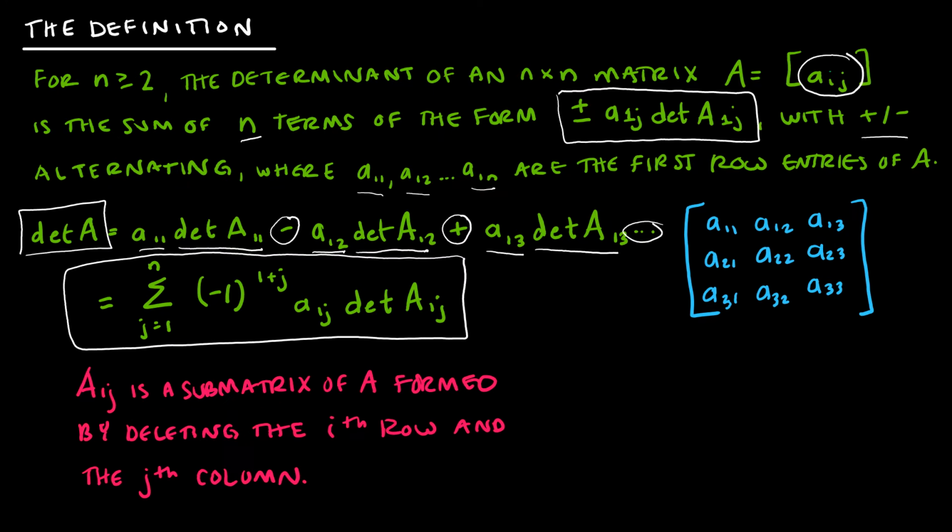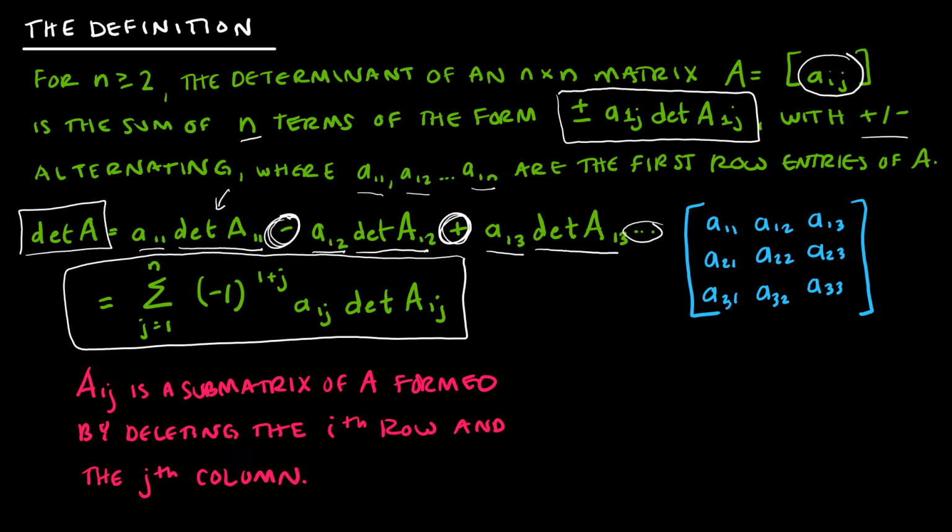Again, we haven't talked about what this means yet, and I promise you we will in just a moment. But the summation of all of those terms could be written in this form. Notice I have negative 1 to the 1 plus j, and that just tells me whether it's a plus or a minus in front.